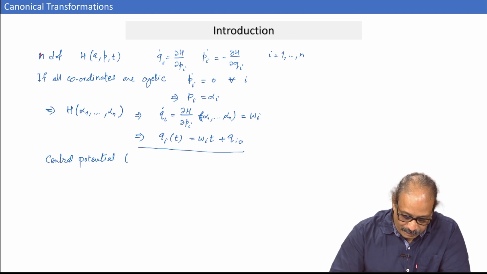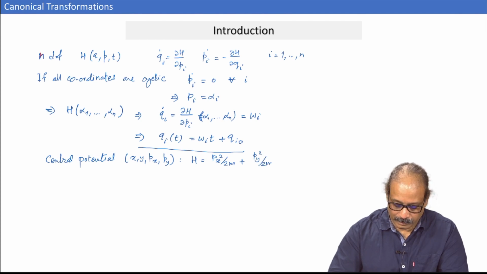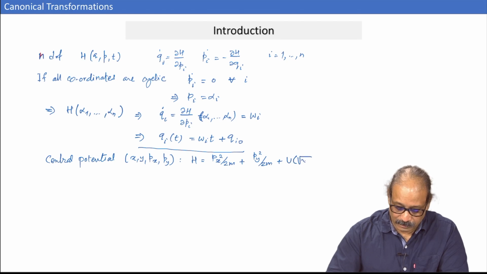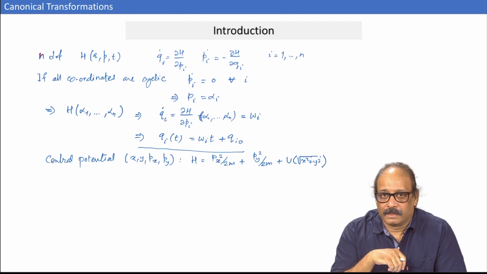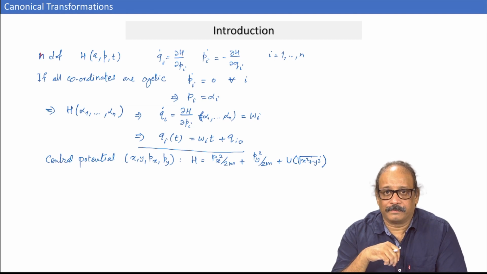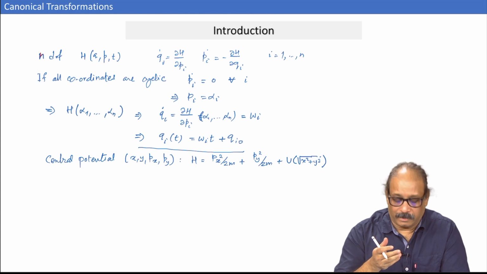The Hamiltonian, if written in the variables x, y, p x, p y, is p x square by 2 m plus p y square by 2 m plus the potential energy, which is a function of square root of x square plus y square. Now, in this case, you can see that x and y both will appear in the Hamiltonian. None of these two coordinates are cyclic.